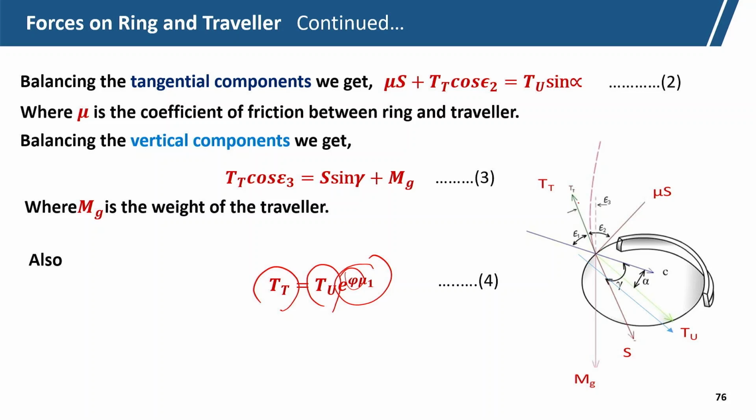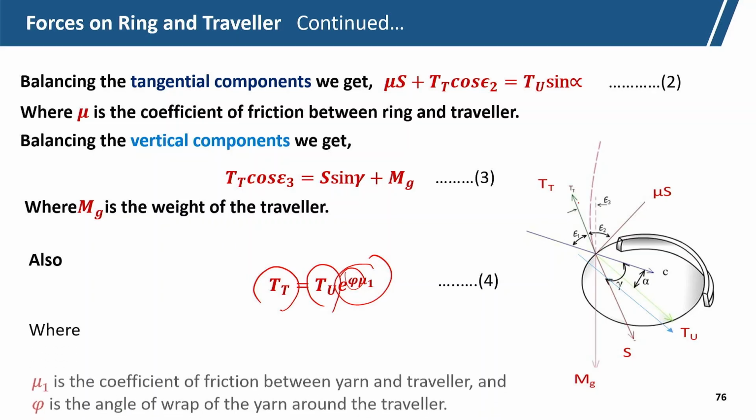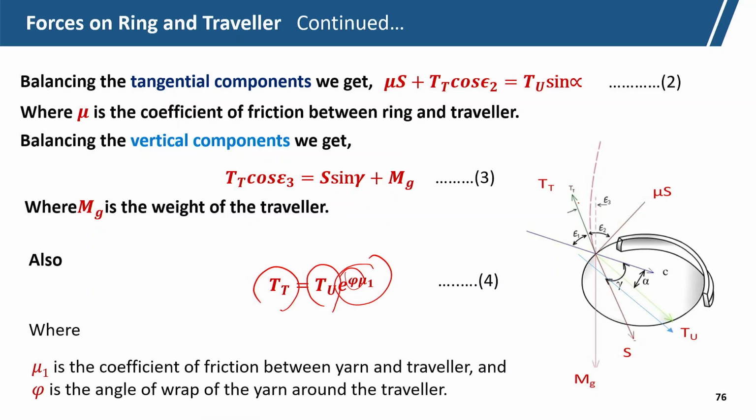Phi is the angle of wrap of the yarn around the traveller, and mu 1 is the coefficient of friction between yarn and traveller. So, these are the conditions here.